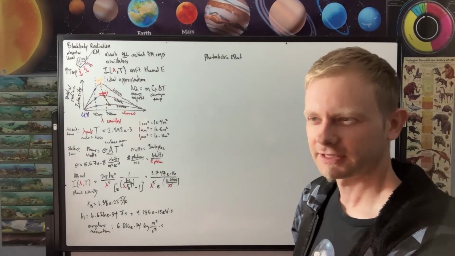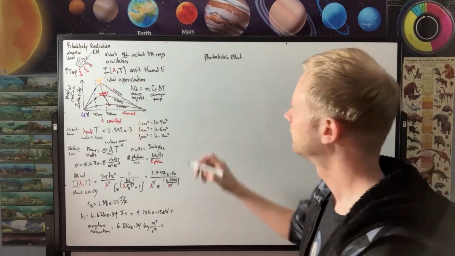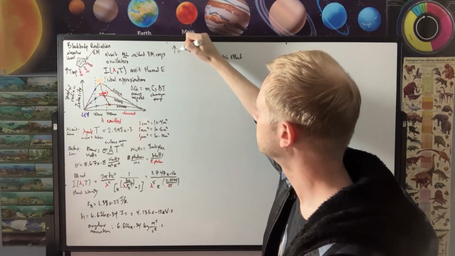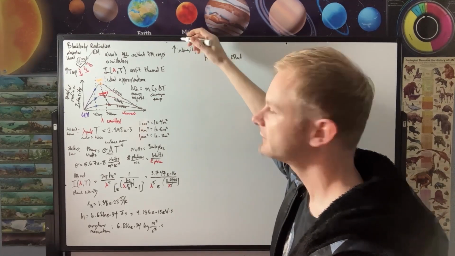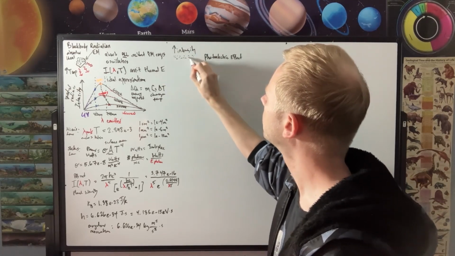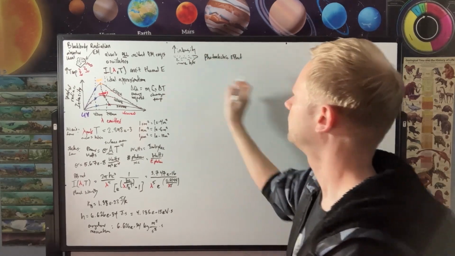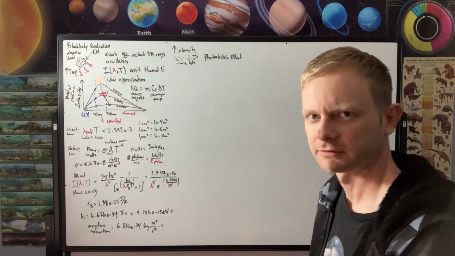Well, before we get all excited about that, let's take a detour and look at the photoelectric effect and think about this intensity. Usually as intensity is increasing, that would mean that we're getting more bits. So there's more bits being thrown at something, right?